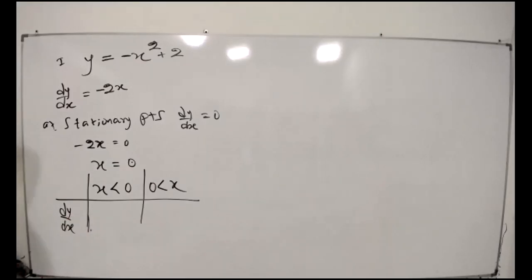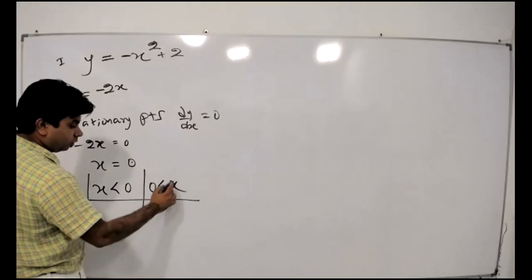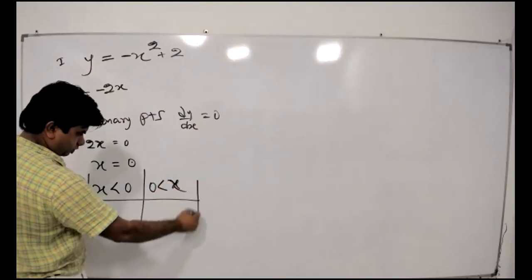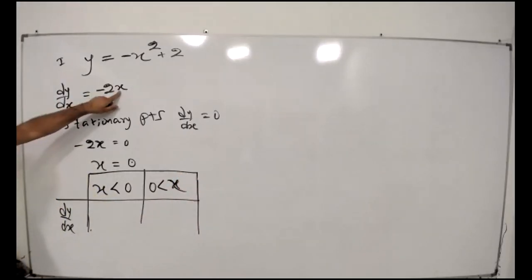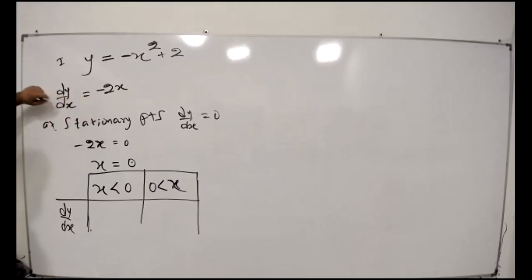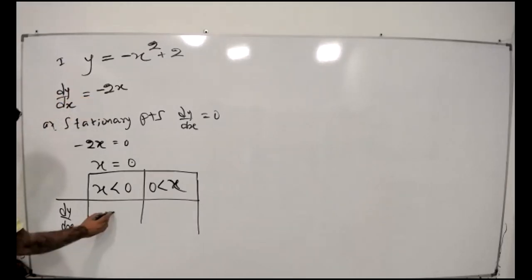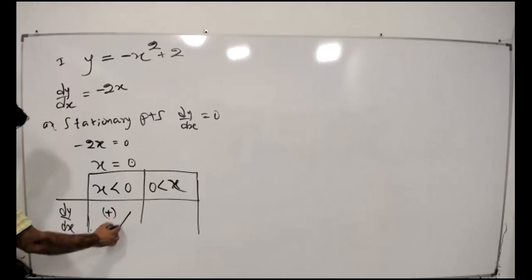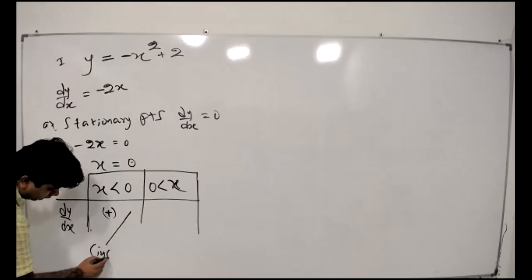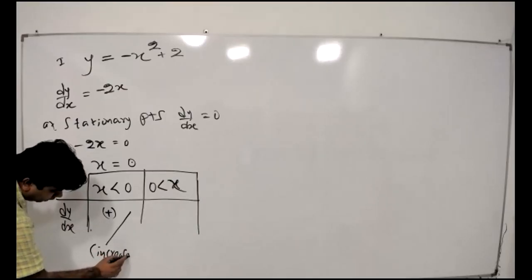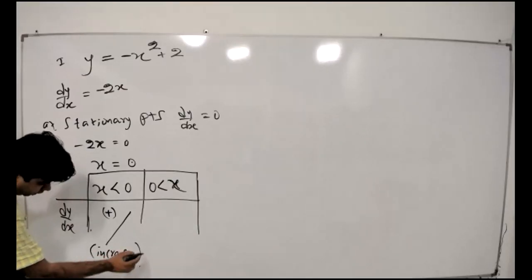Now, please tell me an integer value lesser than 0, Kavish. Minus 1. If you put minus 1 here, what is the sign of the gradient? Plus. What does it mean? The function is increasing.